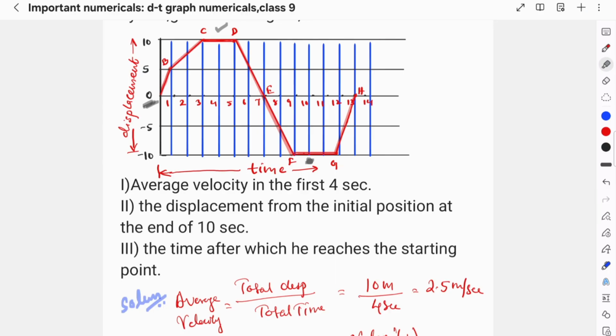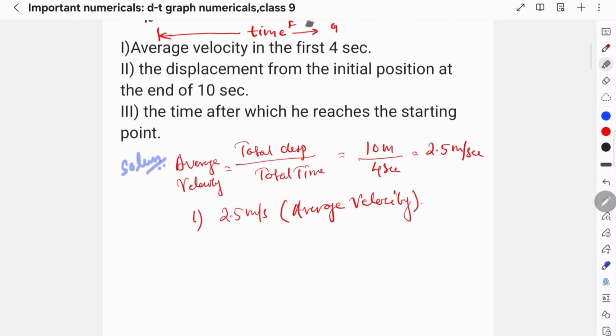So displacement at the end of 10 seconds is equal to minus 10 meters. This negative sign indicates that the cyclist is away from the starting point in the opposite direction.